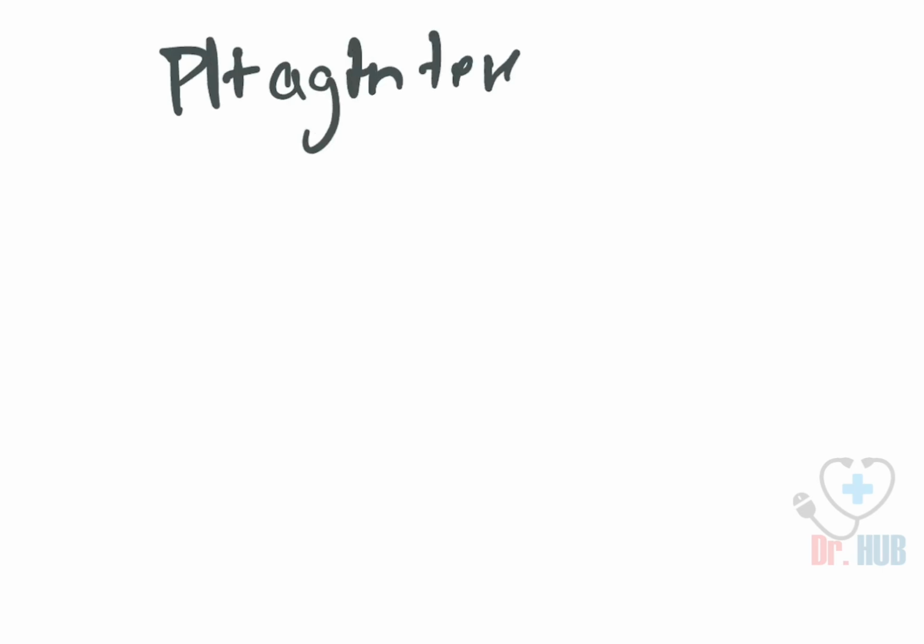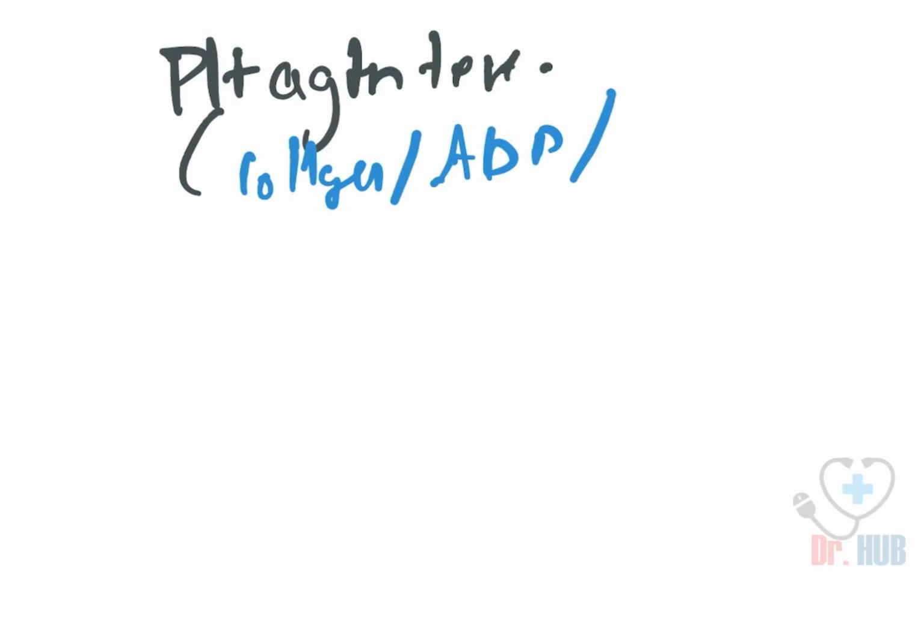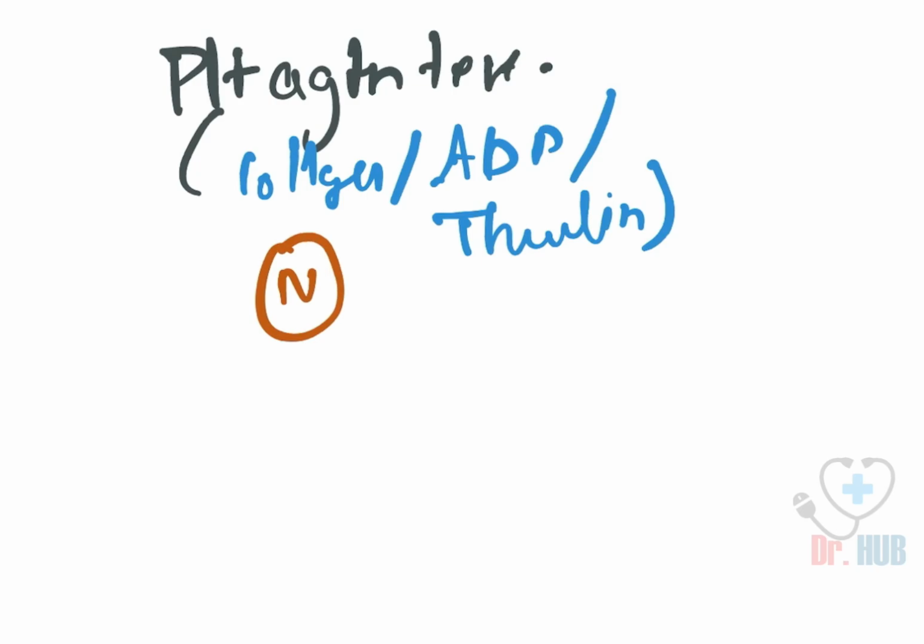Next, in case of the platelet aggregation test, which includes the collagen, the ADP, as well as the thrombin, it is normal.